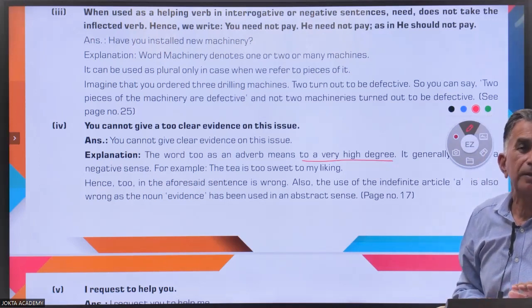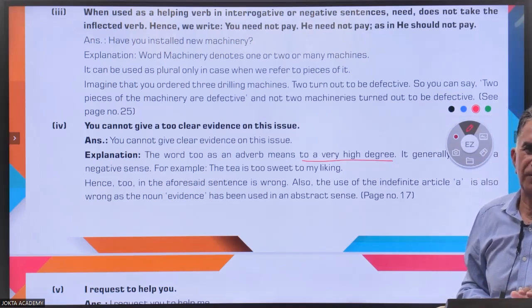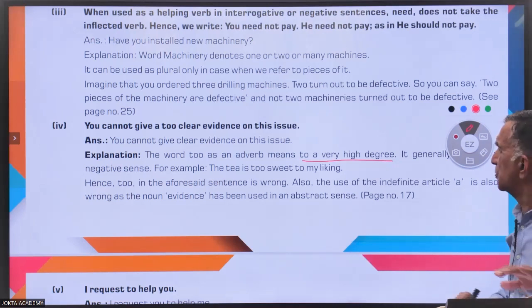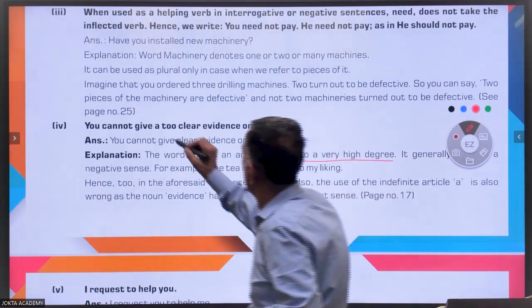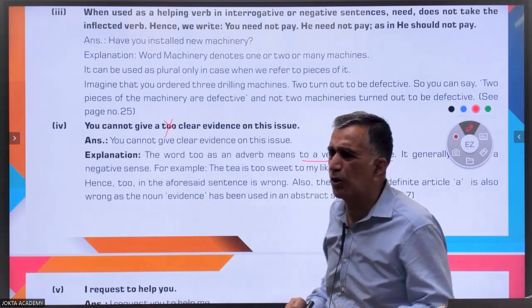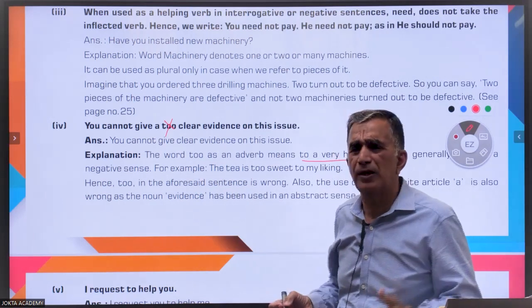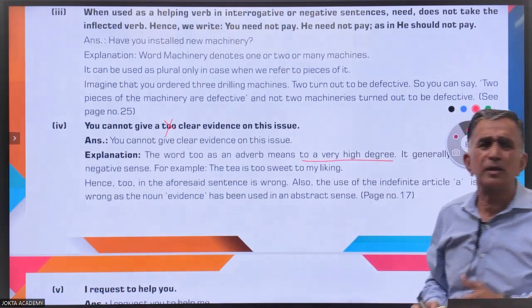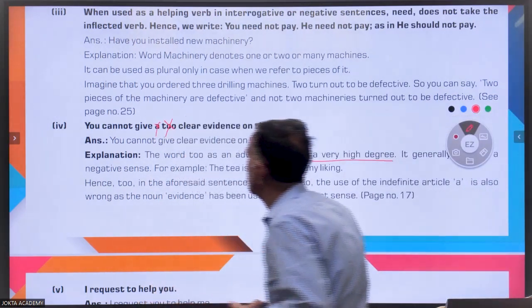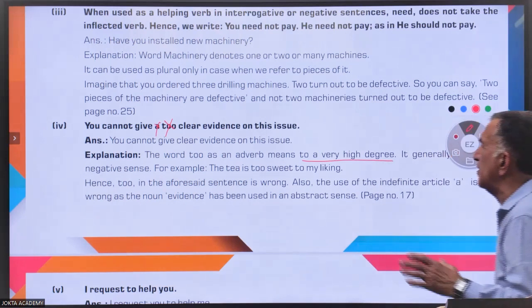This tea is too sweet for me, means it is excessively sweet. So we don't require too here. Even article is not needed because we are not referring to something individual. Evidence has been used in a general sense. So the correct sentence is, you cannot give clear evidence on this issue.